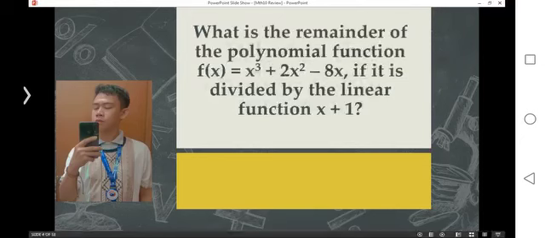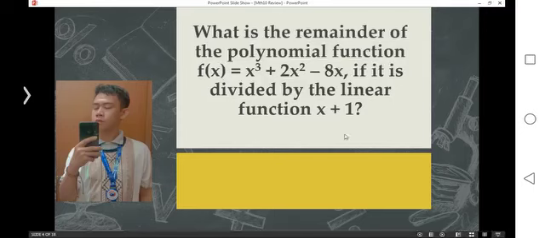Next, what is the remainder of the polynomial function f(x) = x³ + 2x² - 8x if it is divided by the linear function x + 1? Here, we're looking for the remainder given the linear function x + 1.